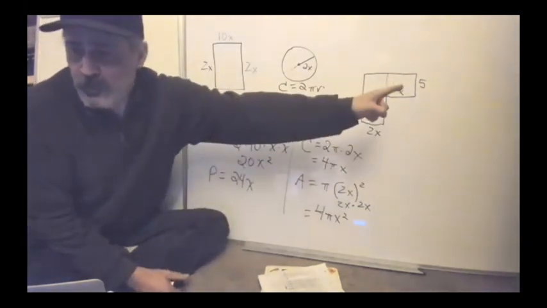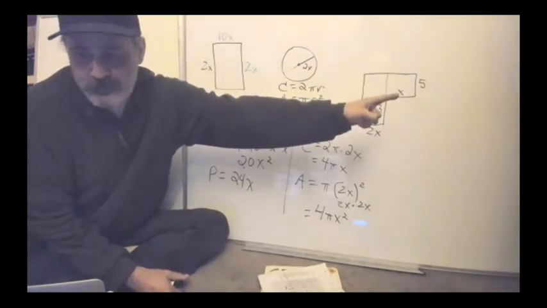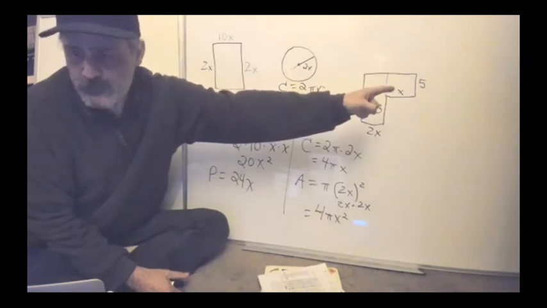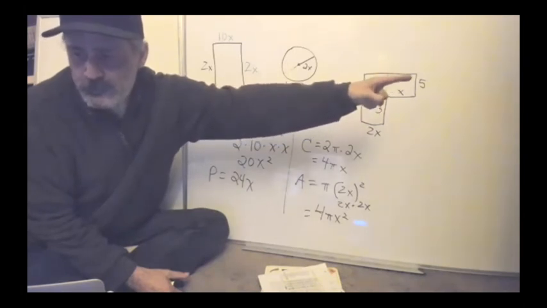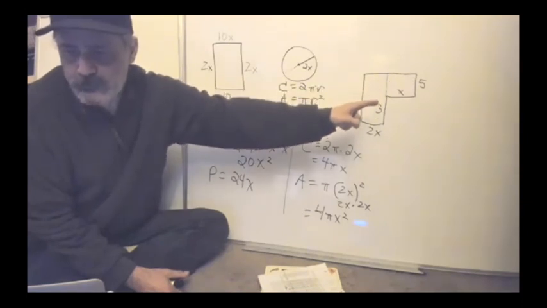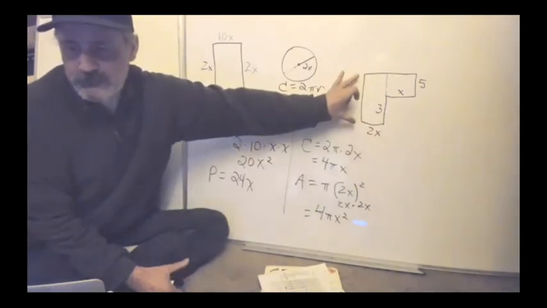Now the smaller rectangle, at least it visually appears smaller, may not be, but we're just going to say it's smaller. We already know the dimensions, 5 and x. So we already have the area of the upper right rectangle. The bottom right rectangle, we have a width of 2x, but we're going to have to determine what the length, what the height is.